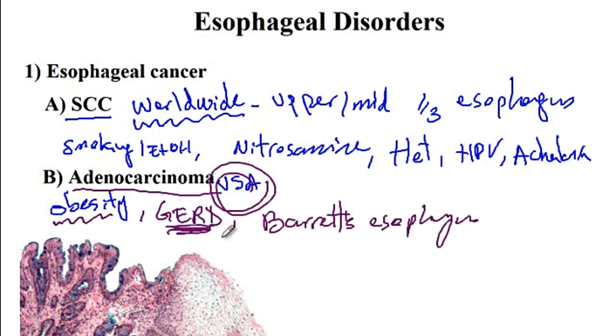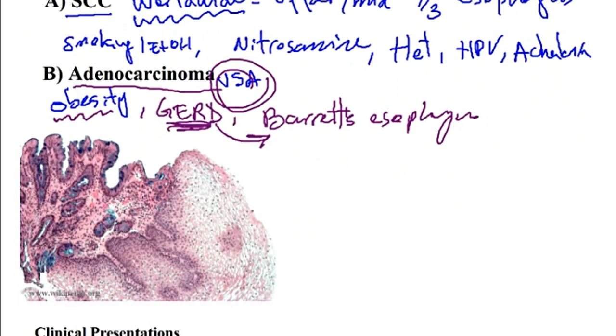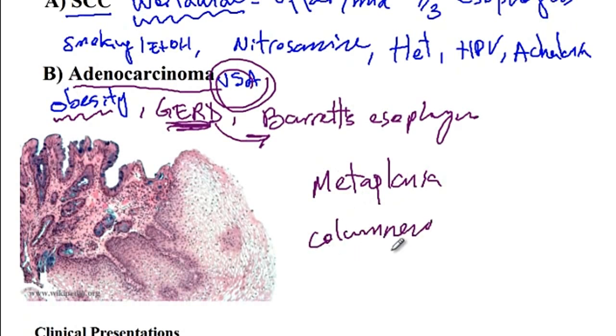So gastroesophageal reflux disease is what leads to Barrett's esophagus, where the esophagus will undergo metaplasia. The cells in the stomach are columnar cells, which are specialized for tolerating the stomach acid. The cells in the esophagus, however, are squamous.